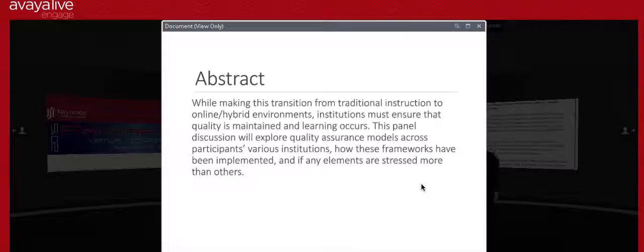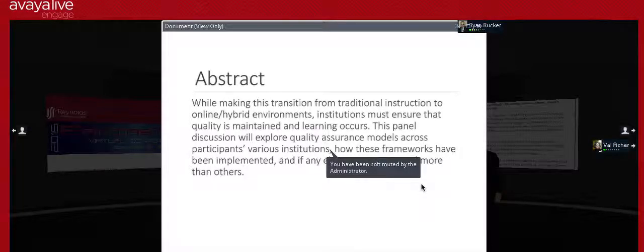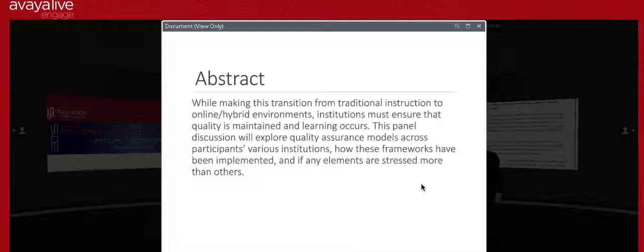Lydia and I are going to tell you what we're doing at USC, but we also want to hear from you what you're doing at your university, to explore quality assurance models across participants, how these frameworks have been implemented, and how, if at all, elements of the particular quality assurance rubric are stressed more than others.